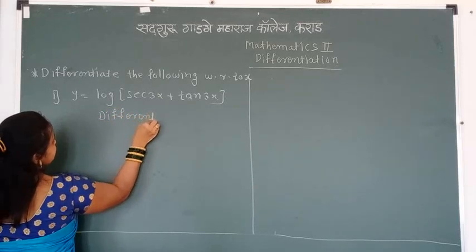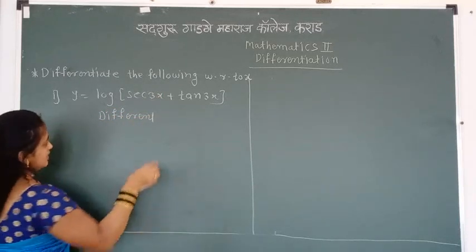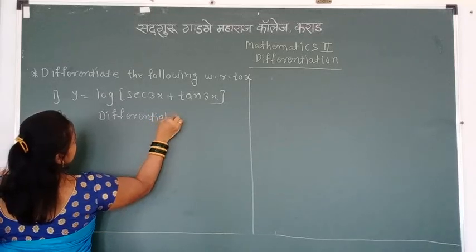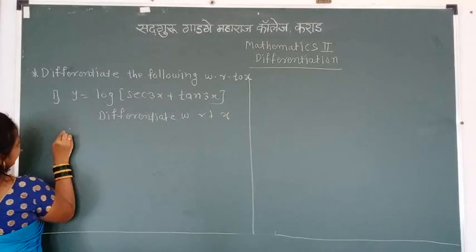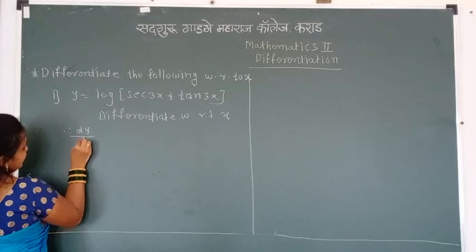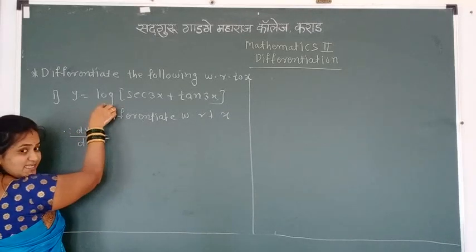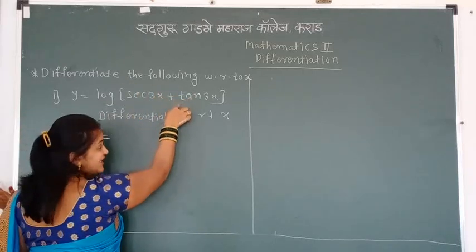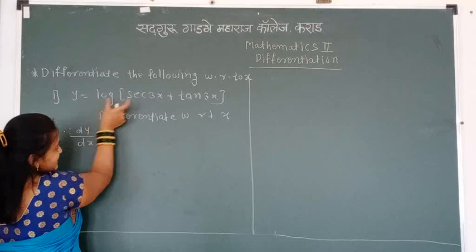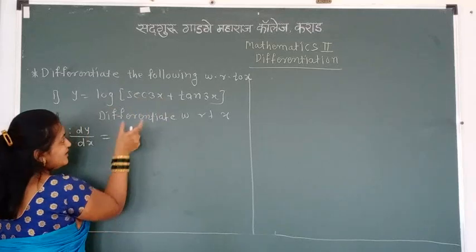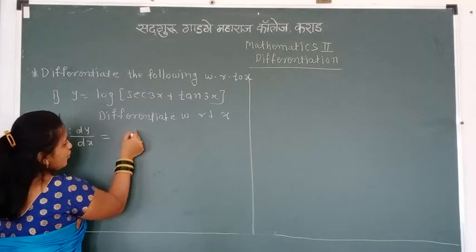Differentiate with respect to x. So, we get dy by dx. Here, the standard function is log and the sub function is sec 3x plus tan 3x. So, according to the standard function, what will be the derivative of our example? The derivative of log of x is 1 upon x.